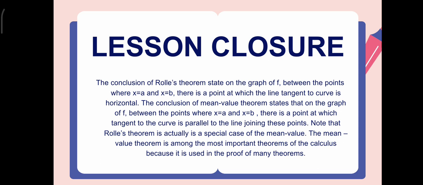Note that Rolle's theorem is actually a special case of the mean value theorem, and the mean value theorem is among the most important theorems of calculus because it is used to prove many theorems such as the intermediate value theorem and the extreme value theorem.